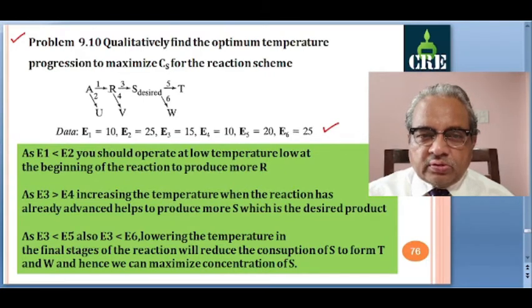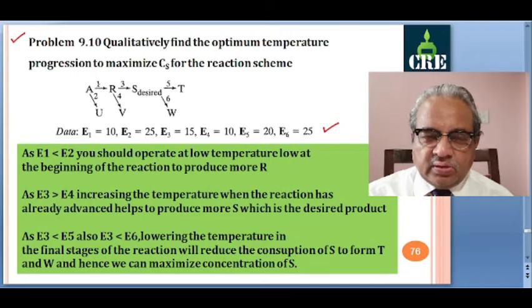Now here first S is the desired product. If S is desired, we want R maximum. R also we want. Unless R is formed, S cannot be formed. Then we should try for maximum R. Maximum R means this reaction to be promoted, this is to be depressed. Now R gives S. Here we want S desired.